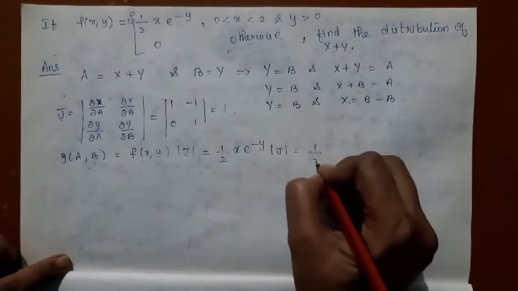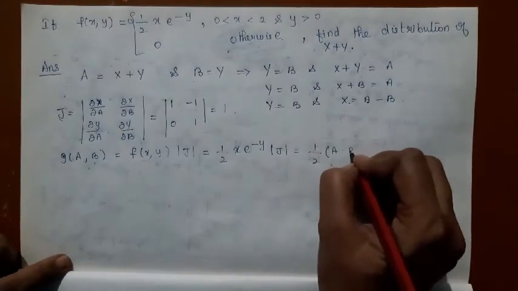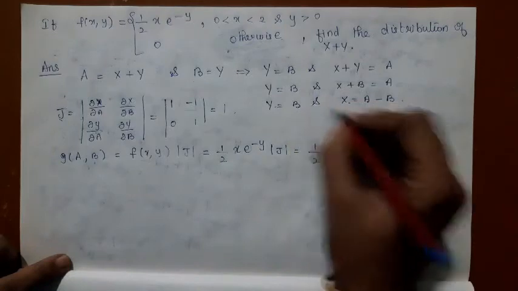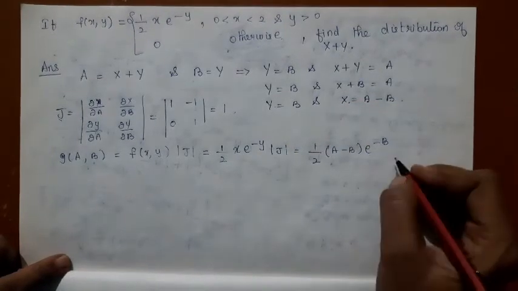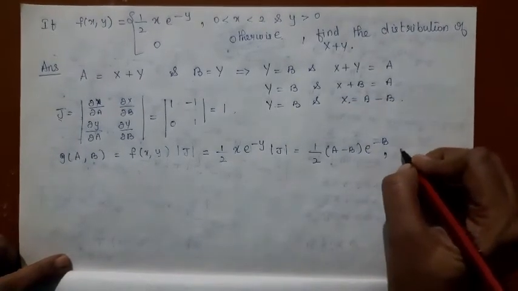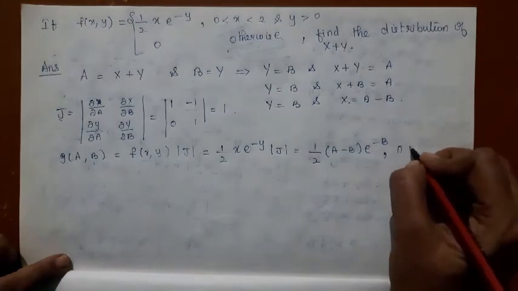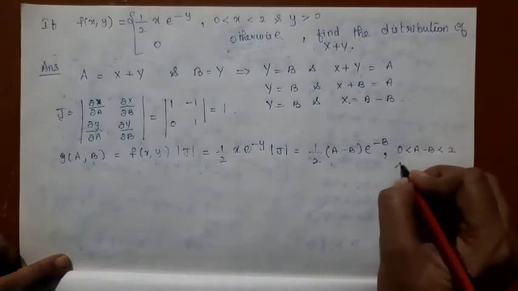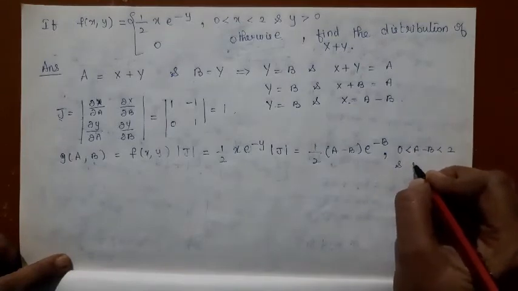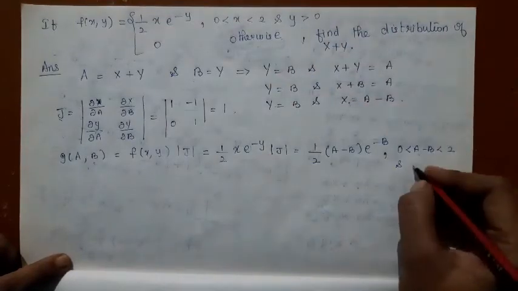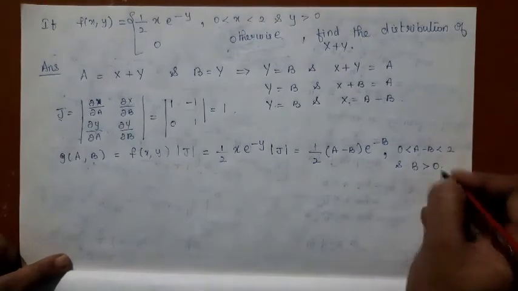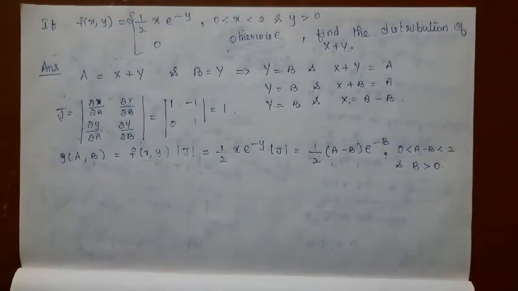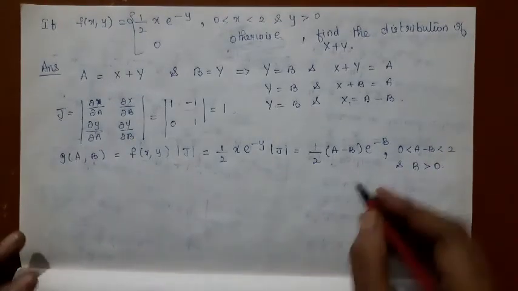What is x? A minus b, and e power minus what is y? B. The range is, for x it is 0 to 2. So for a minus b it is 0 to 2, and y is greater than 0. Y is nothing but b. B is greater than 0. So we have g of a comma b.